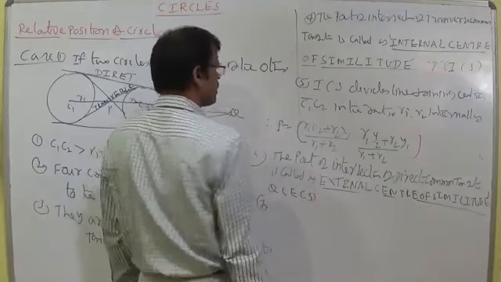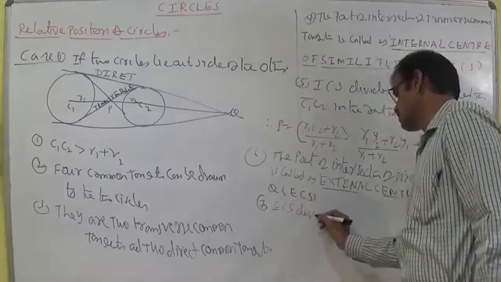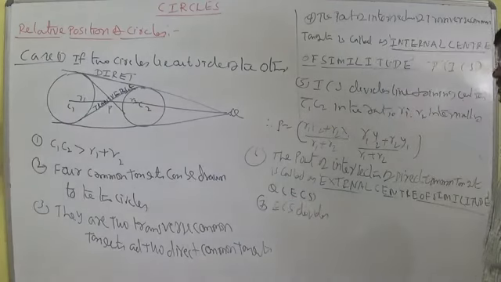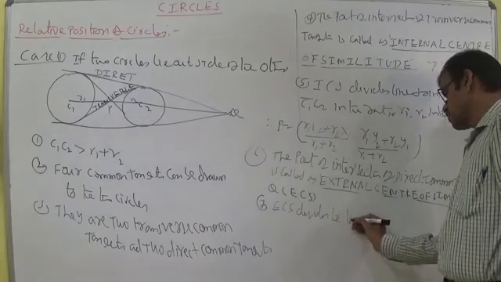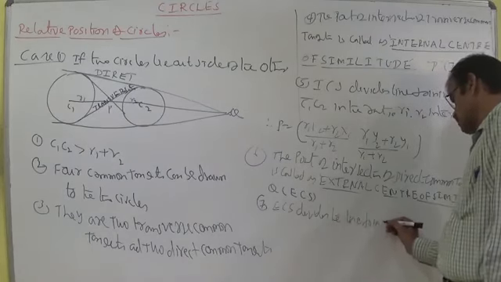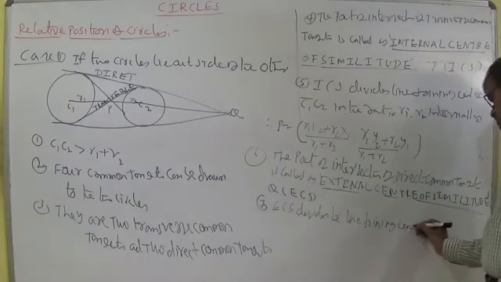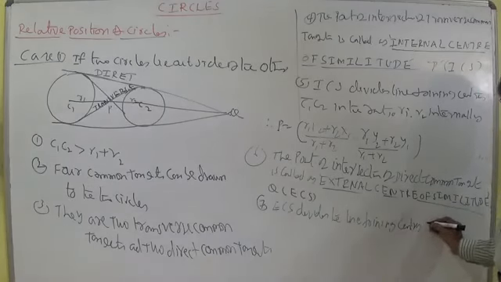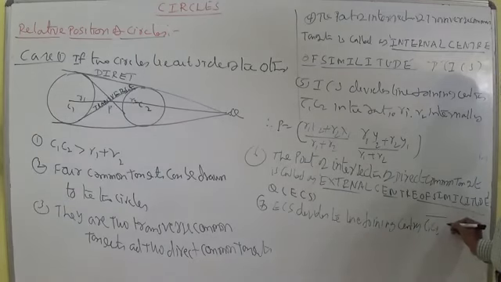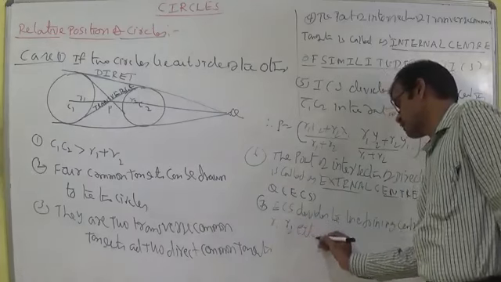Next, the seventh point, I am writing: ECS divides the line joining centers C1 C2, put a bar, in the ratio R1 is to R2 externally.